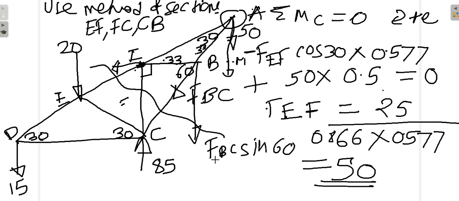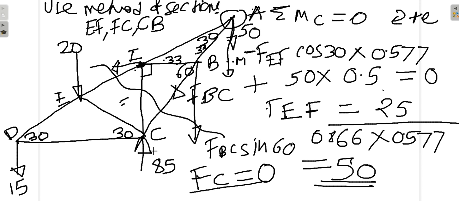FC will be a zero force member. So we have computed EF as 50 kilonewton positive, BC as minus 86.6, that is 86.6 compressive, and FC as a zero force member. In this way, we have elaborated the method of sections for EF, FC and BC.